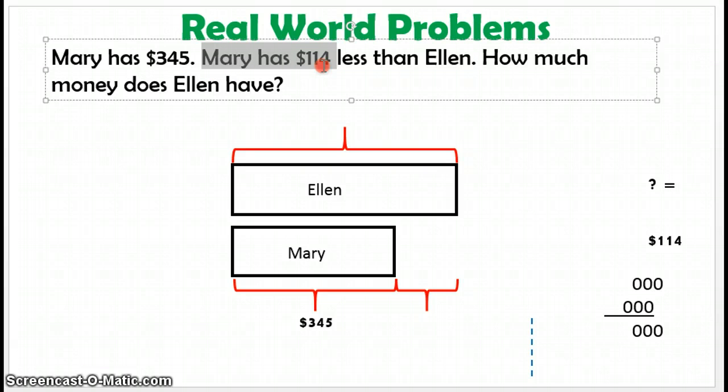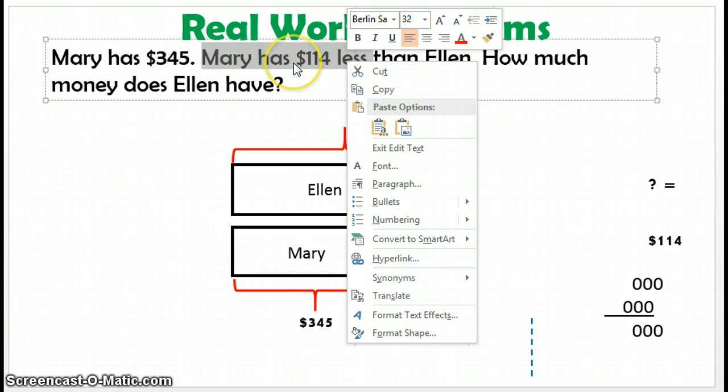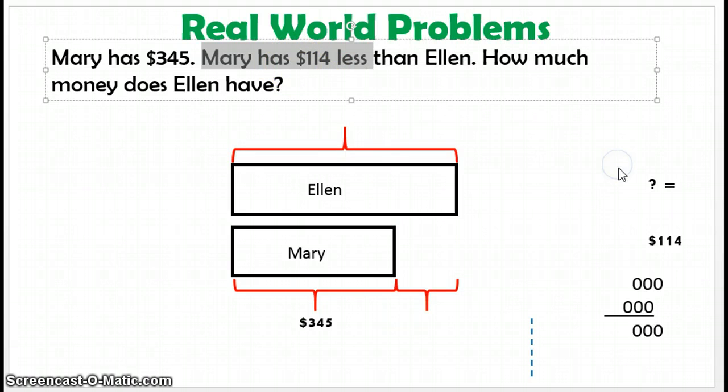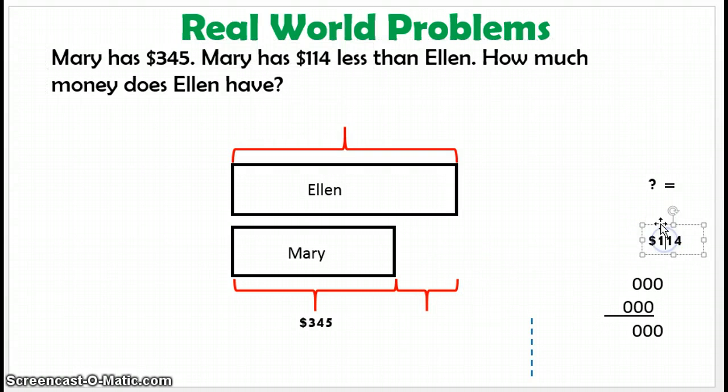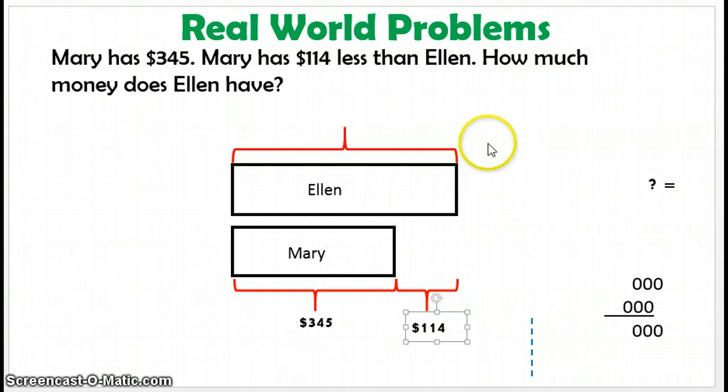We already know Mary has $345. What it's telling us is that Mary has $114 less than Ellen. So this part right here is telling us the difference, this empty space here. That sentence is telling us the difference between Ellen and Mary. And our question says, how much money does Ellen have? So that means we don't know how much money Ellen has.